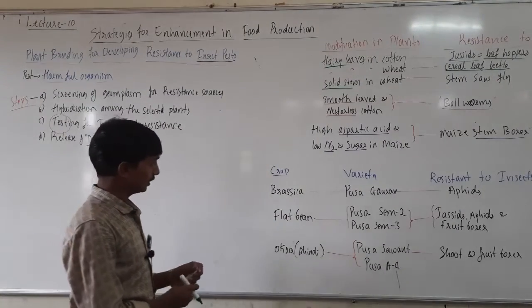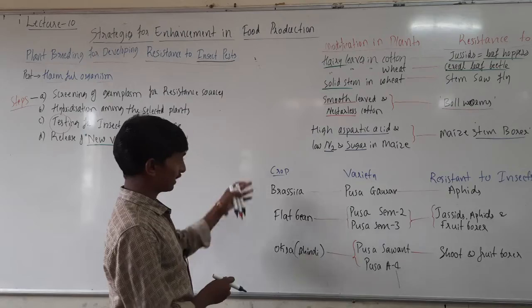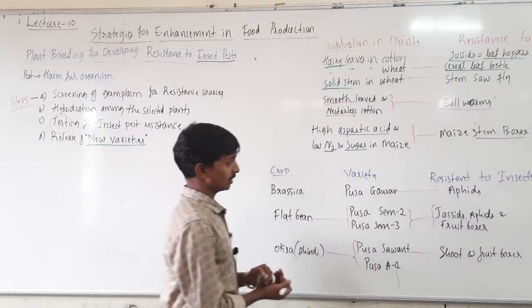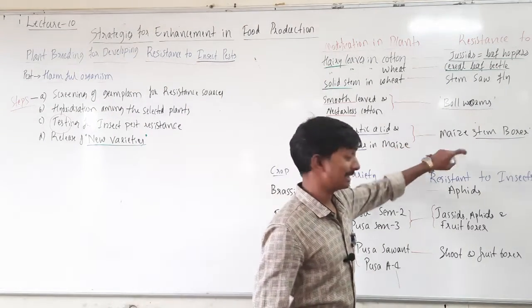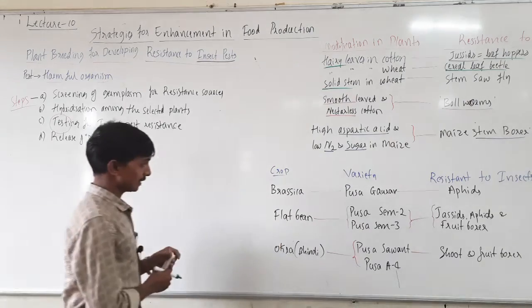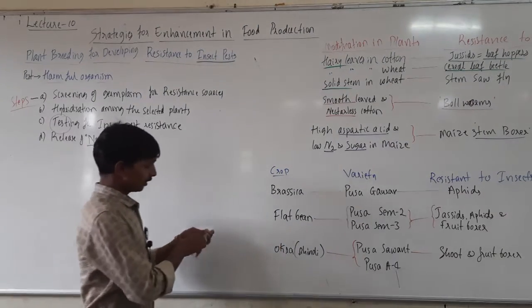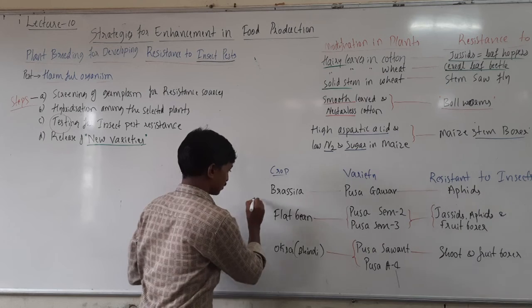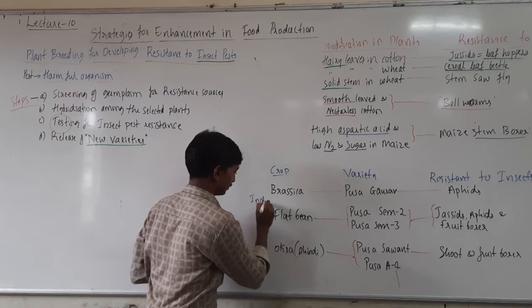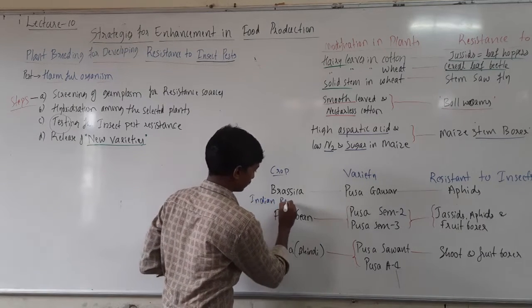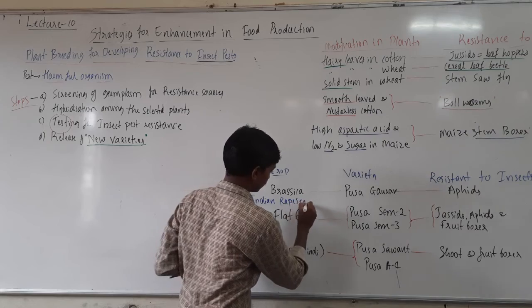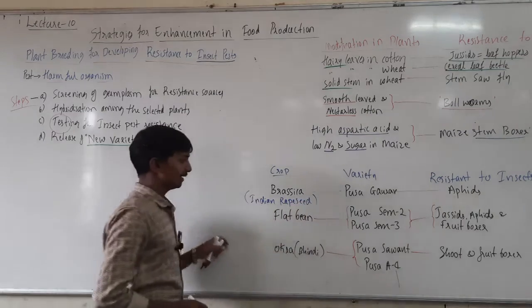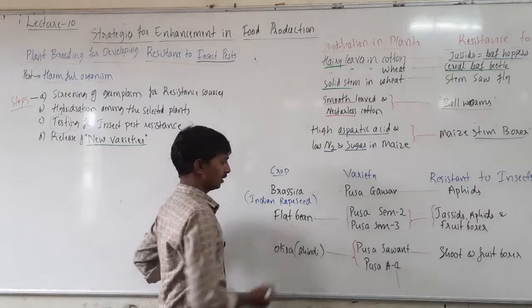Okay, so here we have some of the crop varieties which are resistant to many insects. You can see the brassica, also called Indian rapeseed, or rapeseed mustard.